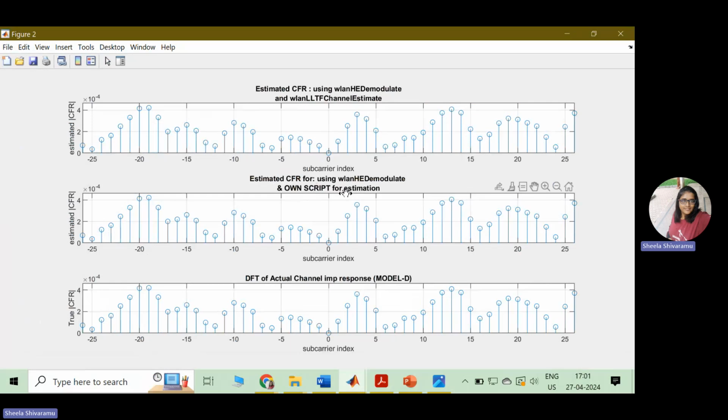We have some papers or references which tell that the least square channel estimation scheme performs better in IEEE 802.11 devices, even in medium and high SNR regime. So the simple least square estimation is used, computationally simple, but it is more accurate. So even WLAN LLTF channel estimate and this, they are matching. And lastly, the DFT of the actual channel impulse response is plotted. So all three are matching.